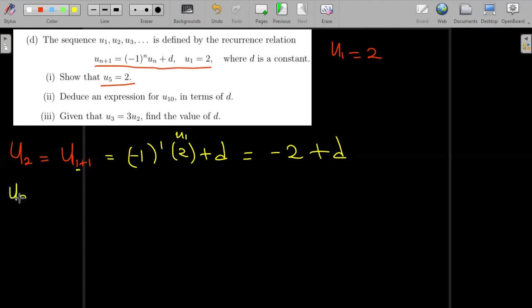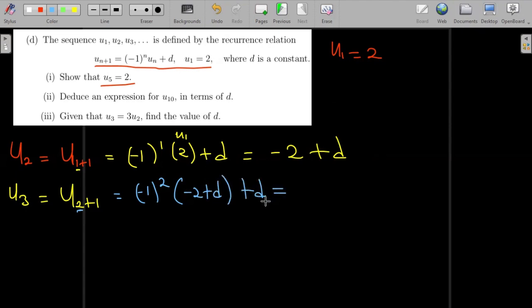Okay, what about U3? U3 is the same as U2 plus 1. So this one now is my D. So it will be minus 1, the power 2, and then here it will be U2. So U2 is this number. So I'm going to say it minus 2 plus D, and then plus D. So this will be a positive number.